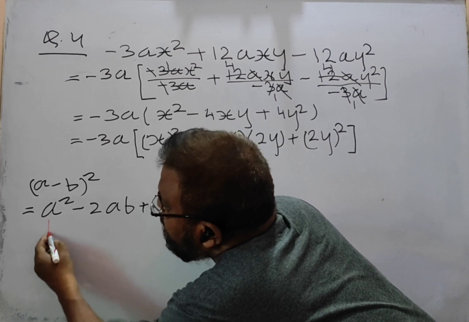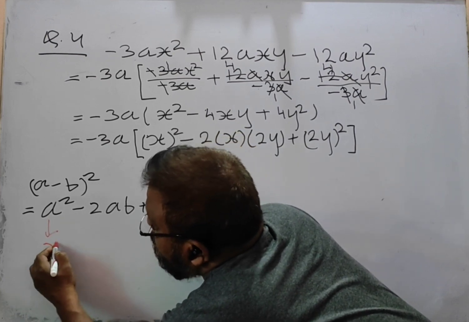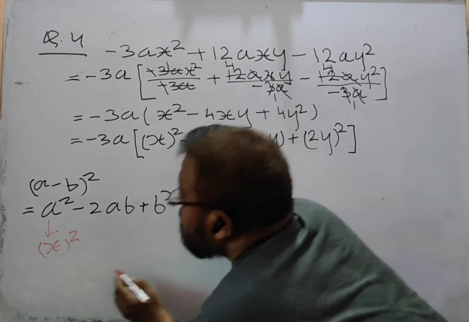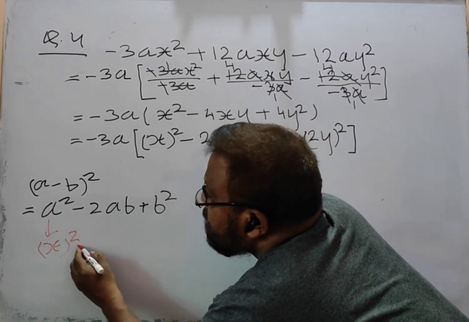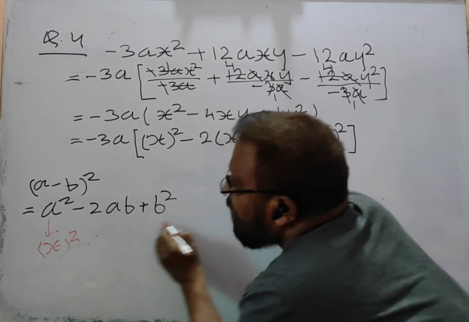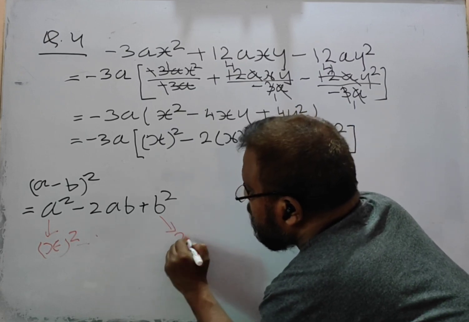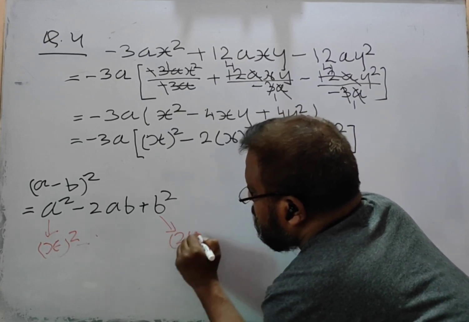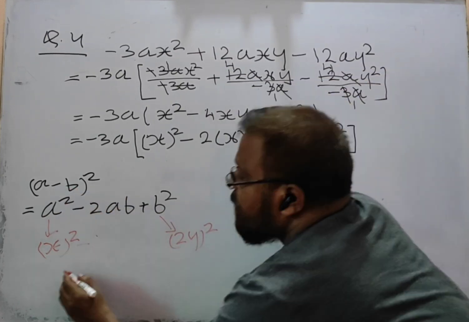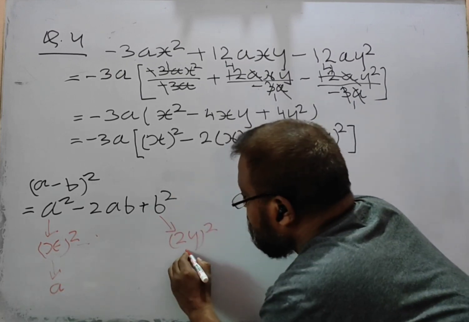A square means x whole square, right? Minus, there is 2, and b we have taken as 2y whole square, right? So this belongs to a, this belongs to b.